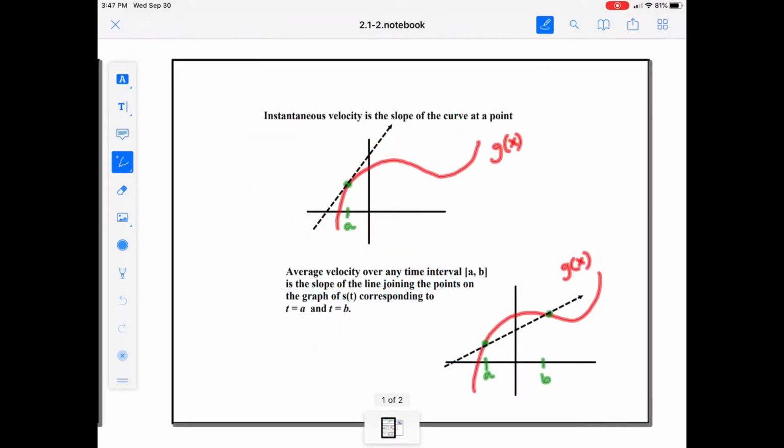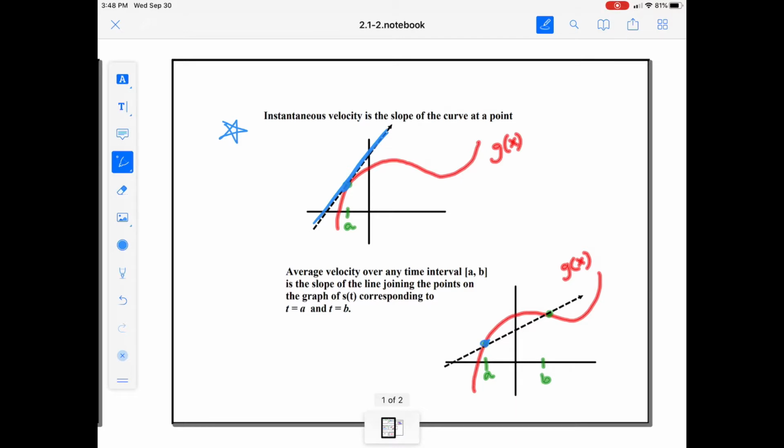And for visual reference, what we see here is a depiction of what that instantaneous velocity would look like at that given point A. The rate of change, if this were my position function, would be the rate of change right at that point A. So it is that rate at that one point.